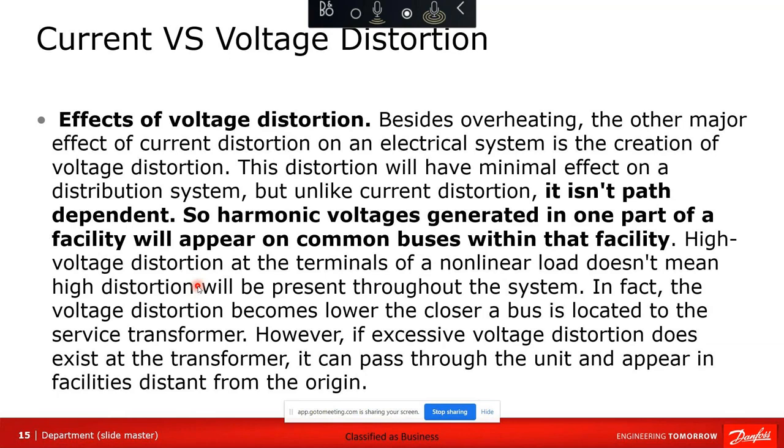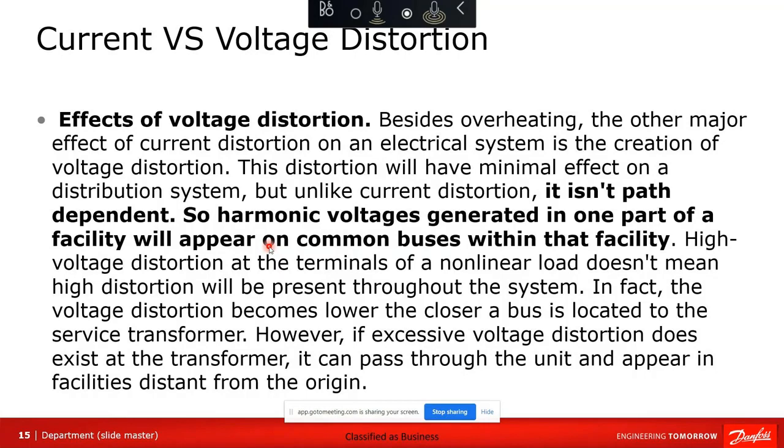High voltage distortion at the terminals of a nonlinear load doesn't mean high distortion will be present throughout the load. In fact, the voltage distortion becomes lower the closer a bus is located to the transformer, which, if you think about impedance, there's some cable impedance in there. So if you have shorter distances from the transformer to the drive, you'll have slightly lower current distortion, which would give you slightly lower voltage distortion.